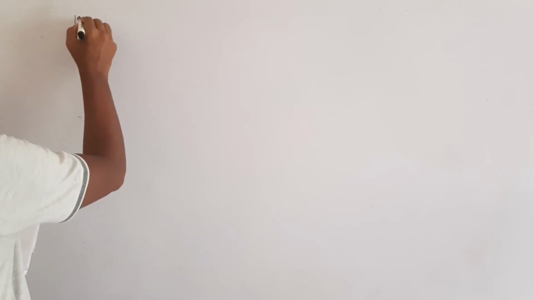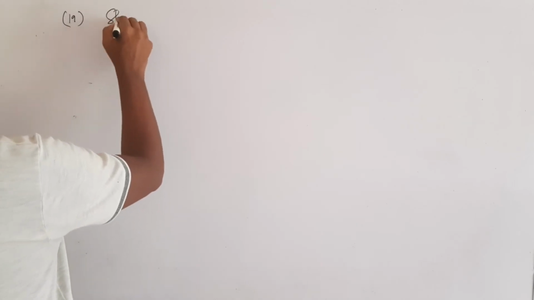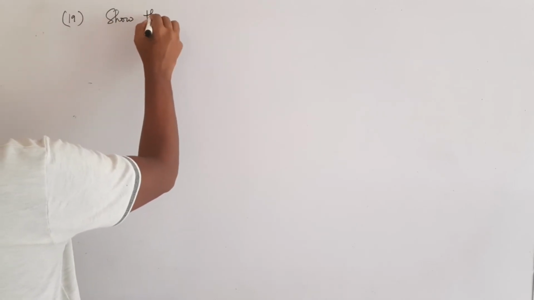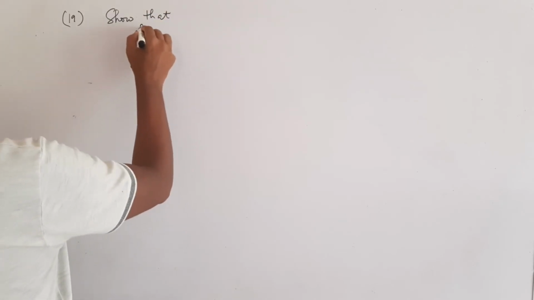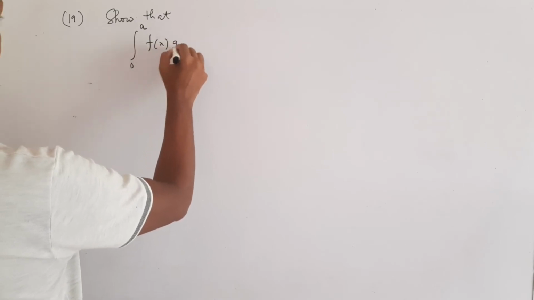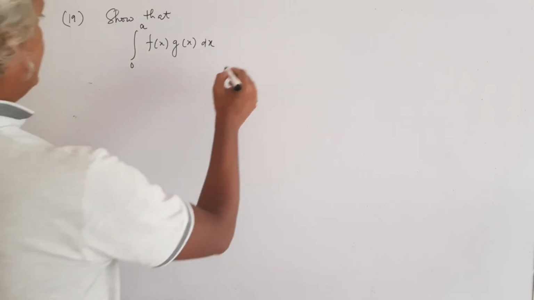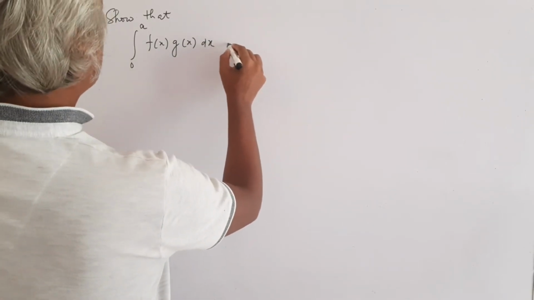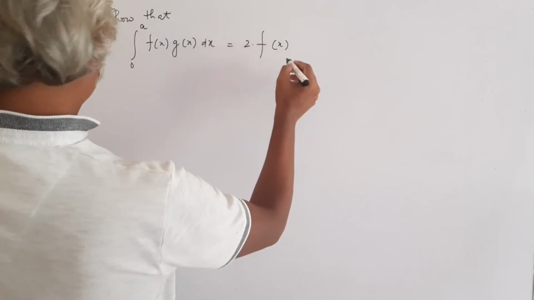Now question number 19. It goes, show that integral 0 to a f(x) g(x) dx equals 2 times integral 0 to a f(x) dx.